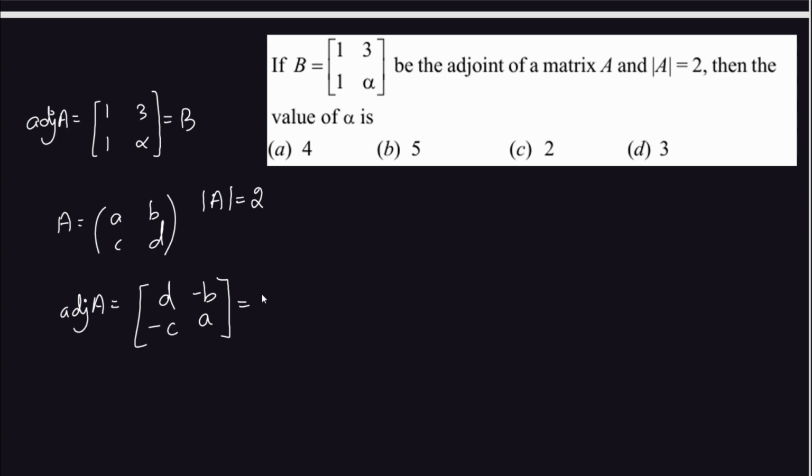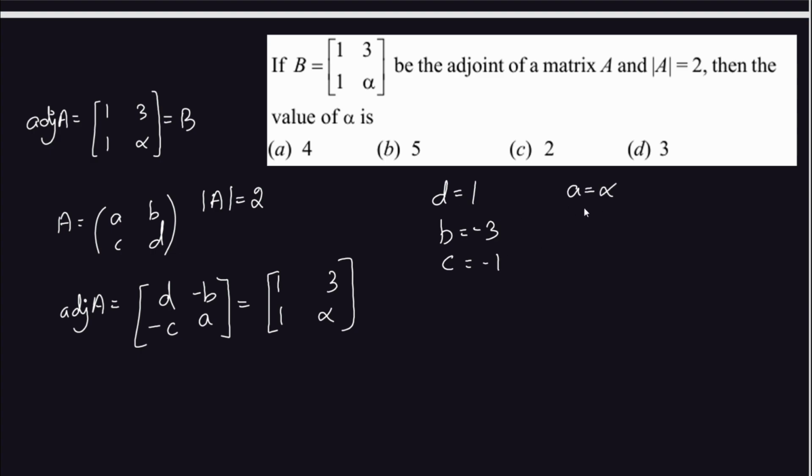So now this is equal to B. So what is my B value? 1, 3, 1 and alpha. If these two are equal, that means I can equate the elements. So what will be d now? d is 1. What is b? Minus 3. What is c? Minus 1. And a is equal to alpha.